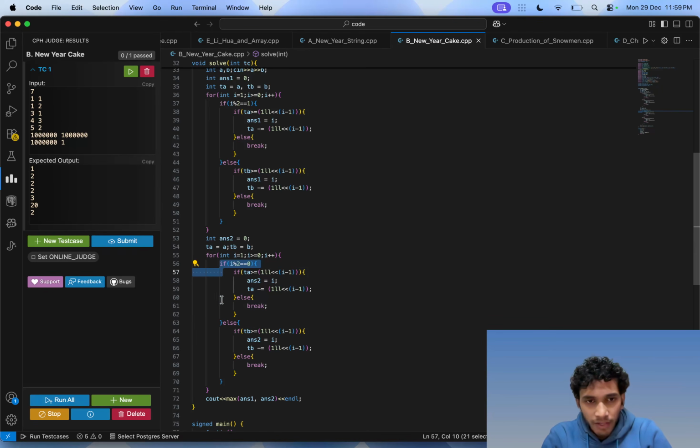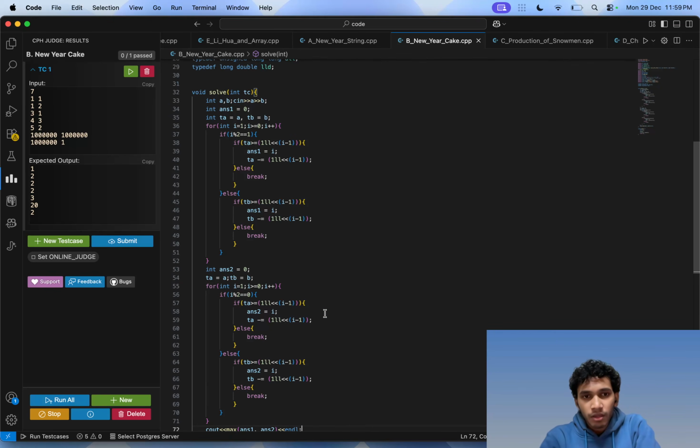When I is even, that is for second, fourth, sixth, and so on layers, we use white, while for odd layers, 1, 3, 5, and so on, we use black. We just update the current layer by I, and at the end print the maximum number of layers we can have. That is it.